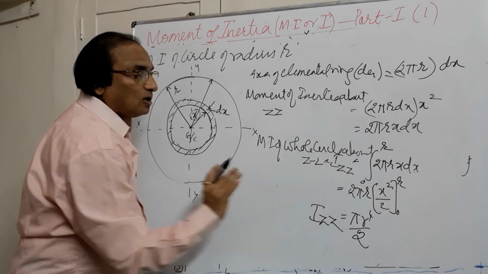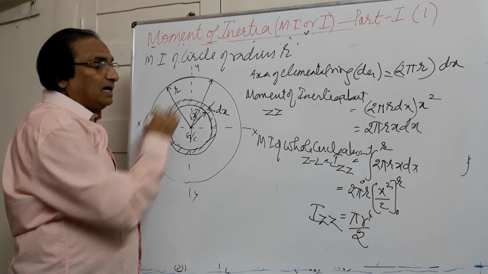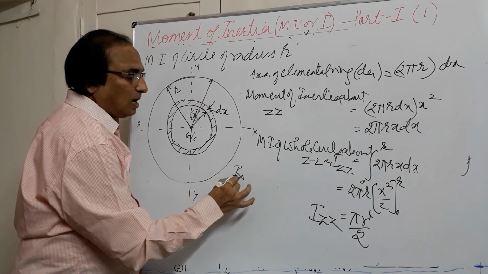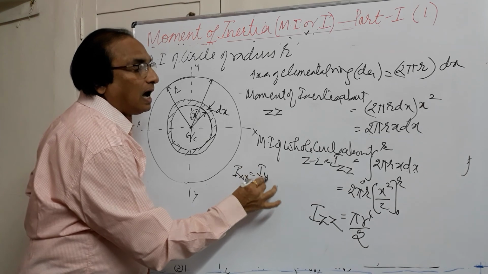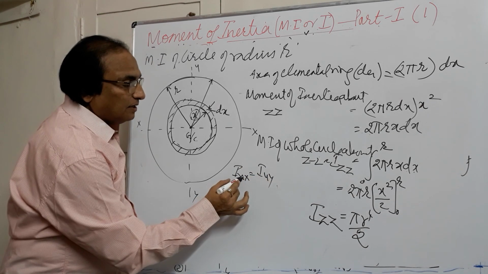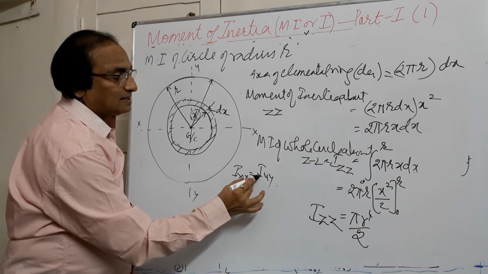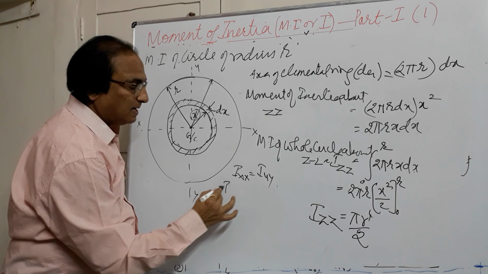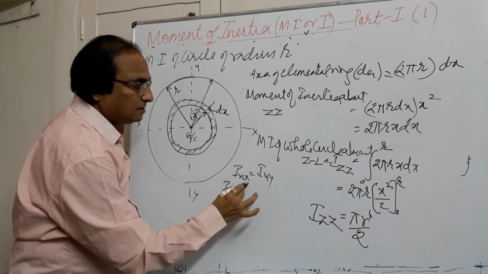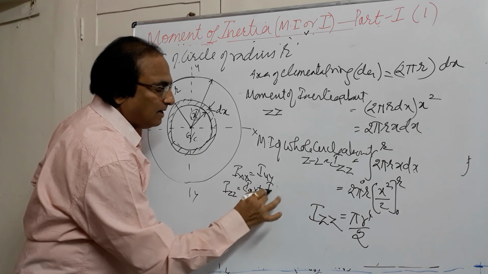We are not interested in Izz, we are interested in Ixx and Iyy. And in the case of a circle, we know Ixx is equal to Iyy. So if I use the perpendicular axis theorem, I can find Ixx and Iyy, because in the perpendicular axis theorem, Izz is equal to Ixx plus Iyy.